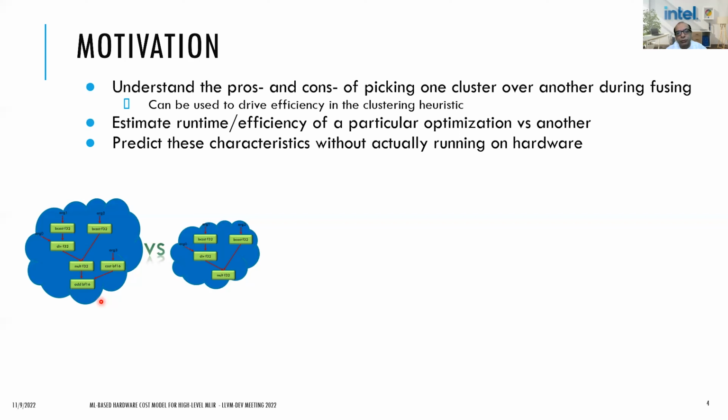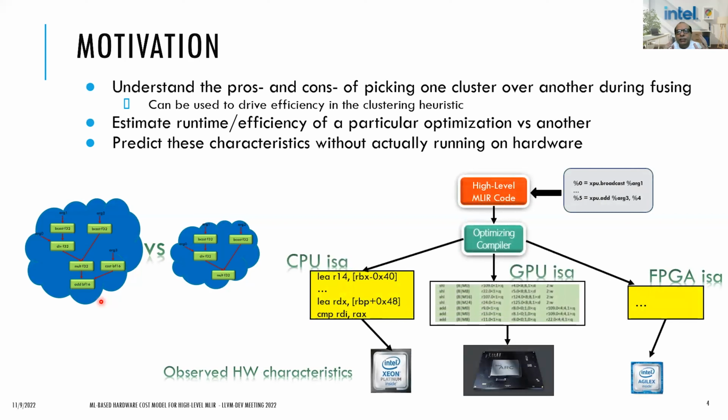This particular problem that you are trying to solve is usually to compare option X and option Y at a very high level of a data flow graph, which is represented by these MLIR opcodes, right? And in general, as you know, once you get the cluster, which is this high-level MLIR code, you'll use some form of optimizing compiler.